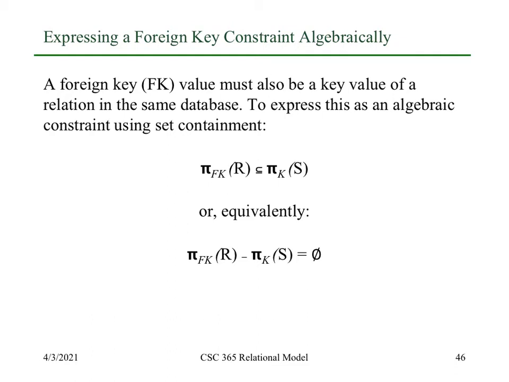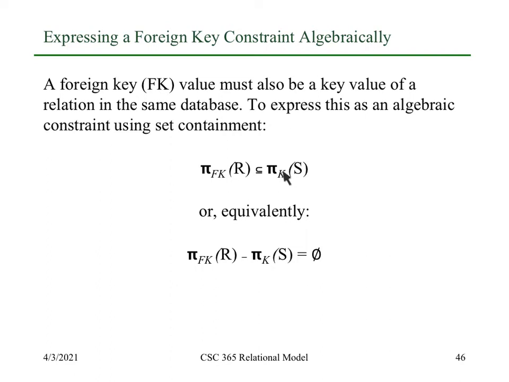If you think about what a foreign key has to be, it's some attribute in a table, and it has to have a value that's in the primary key, an attribute that's a primary key in another table. So what does that mean? Well, if you take the projection onto the foreign key, so you just look at that column that contains the foreign keys in the relation R, then that has to be a subset of the primary keys in relation S. Or equivalently, think about what this means if you quickly drew the Venn diagram.